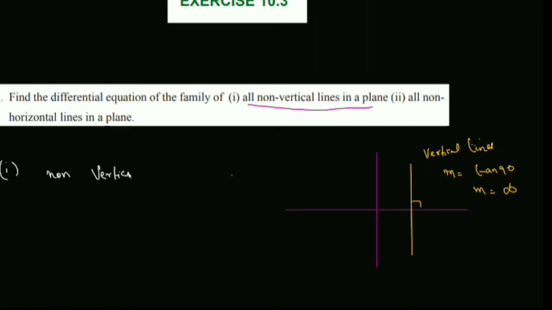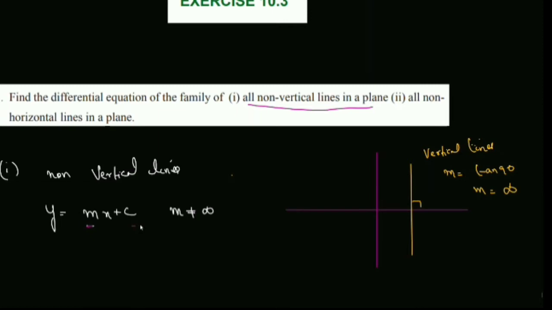The equation of the non-vertical lines will be y = mx + c, where the slope m is not equal to infinity. Now these two, m and c, are called arbitrary constants.